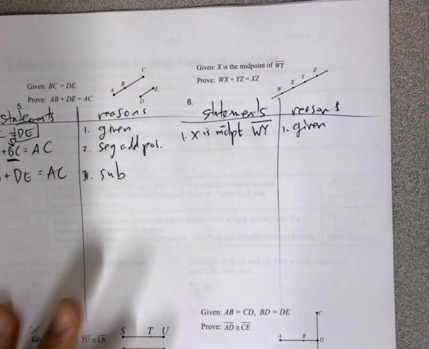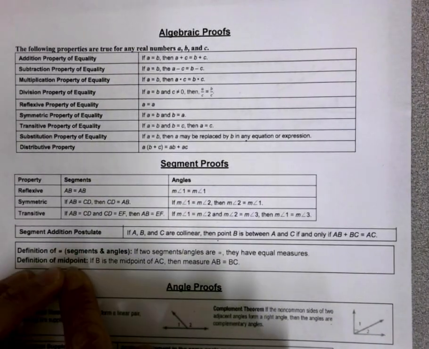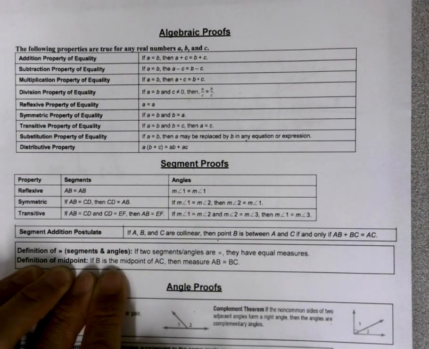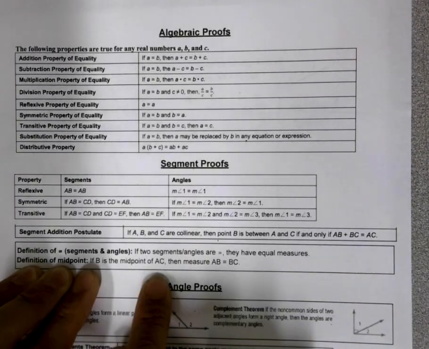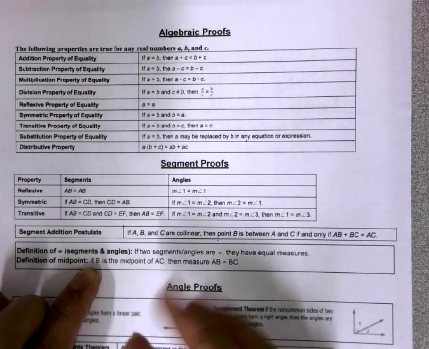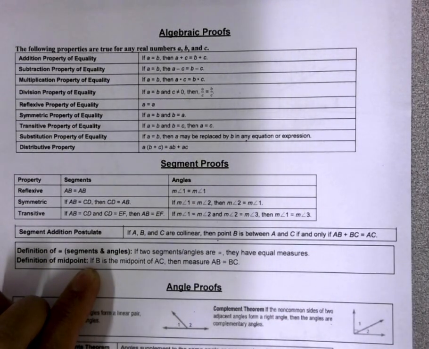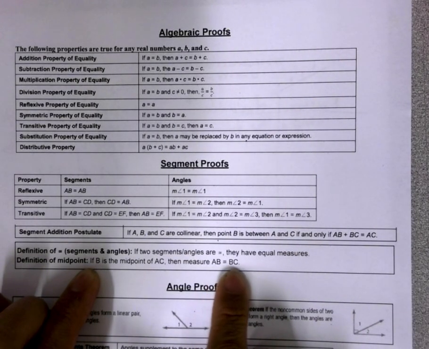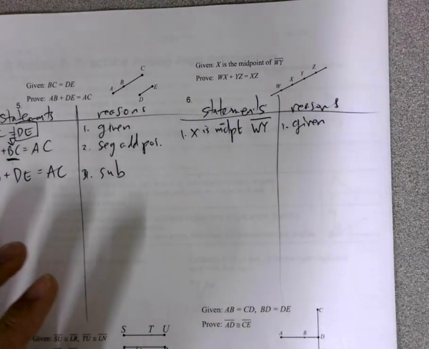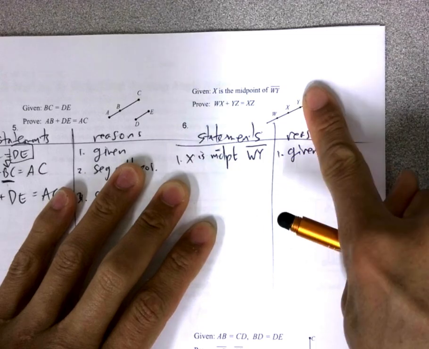And going back to our proof sheet, we have definition of midpoint right here. Right? What does it mean? It means if B is the midpoint of AC, then that means B is directly in the center of A and C, meaning the left side is equal to the right side. Namely, length of AB is equal to length of BC. So we're coming over to here, and we have X midpoint of WY, right?